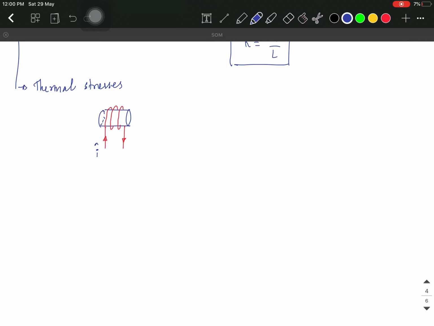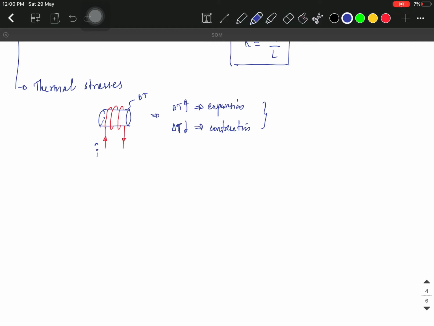Say if we heat it, the temperature increases and expansion occurs; if temperature decreases, contraction occurs.